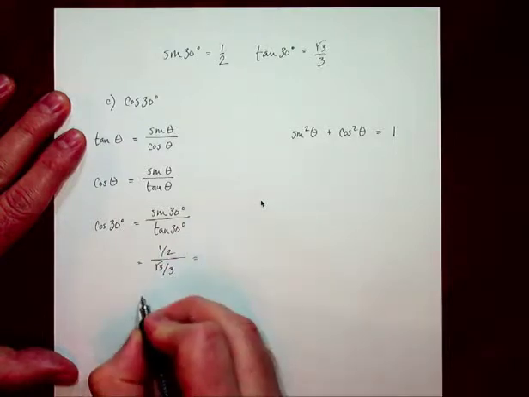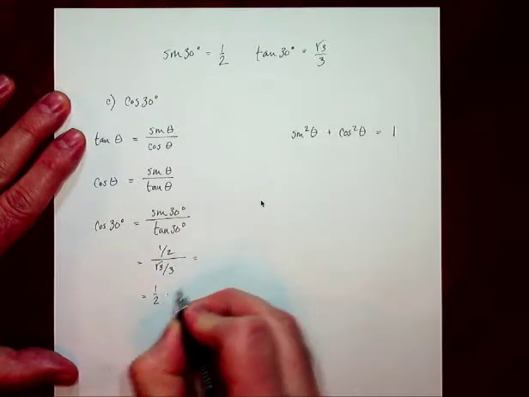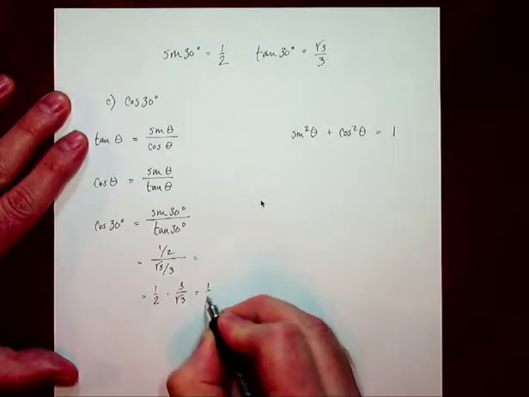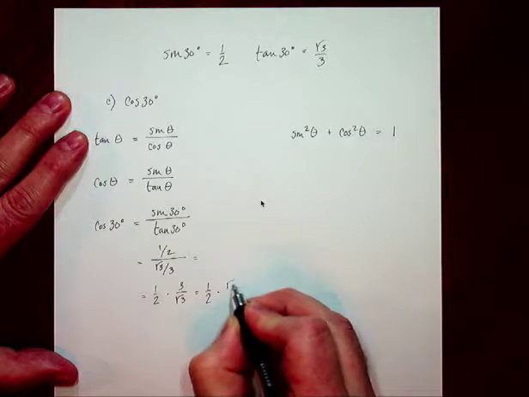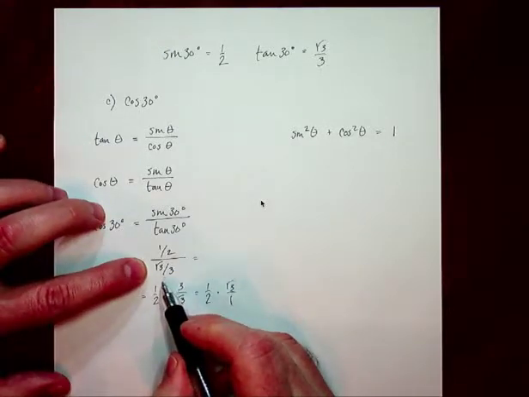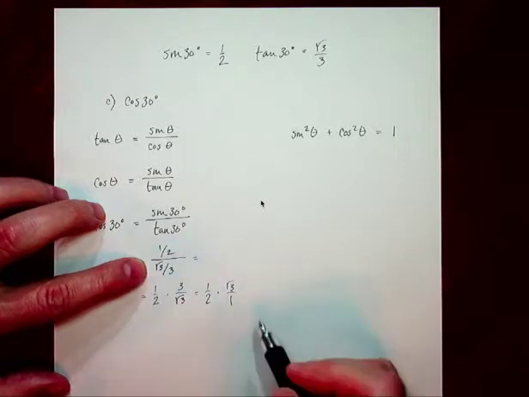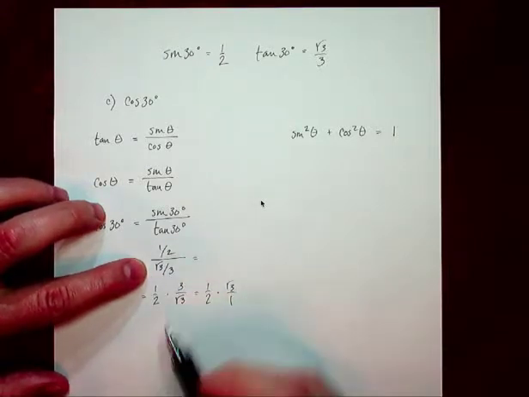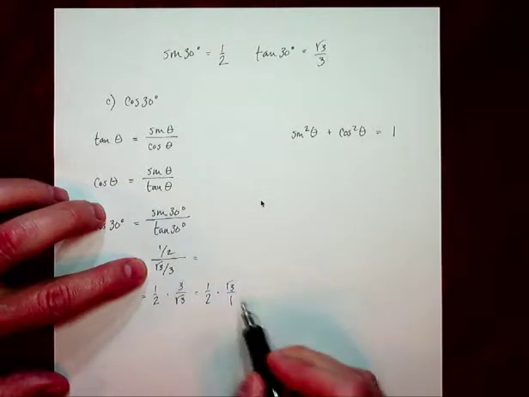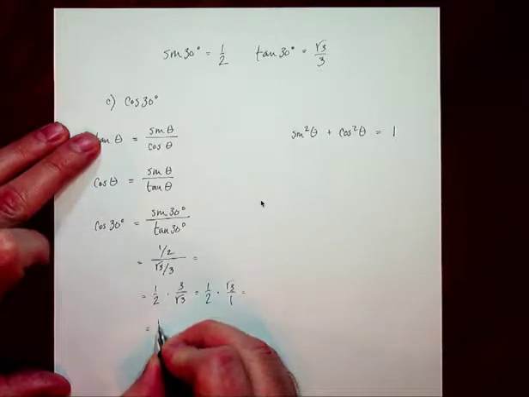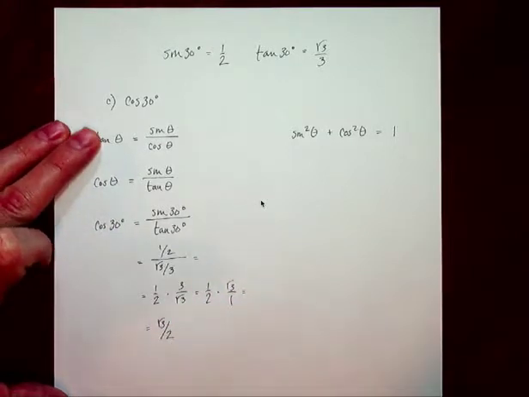And that's going to be 1/2 times 3 over √3. Or, like I said in the last one, you need to remember that √3/3 was originally 1 over √3, and the denominator has been rationalized. So if you just remember that, you get cosine of 30 degrees is equal to √3/2.